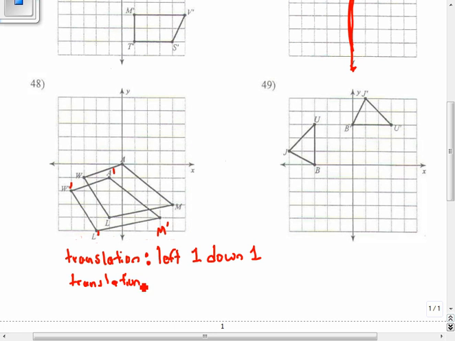If we were using arrow notation, we have to draw in our arrow. Left is left plus or minus? Minus. So x minus 1. Down is plus or minus? Minus. So y minus 1.